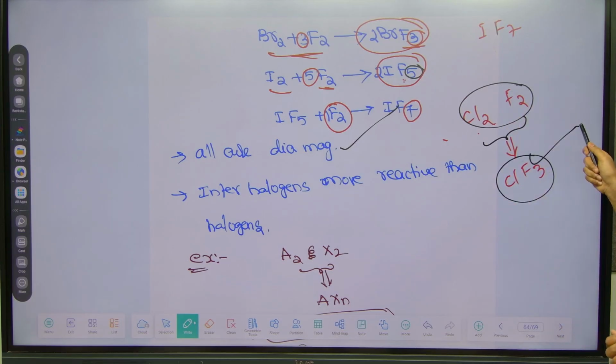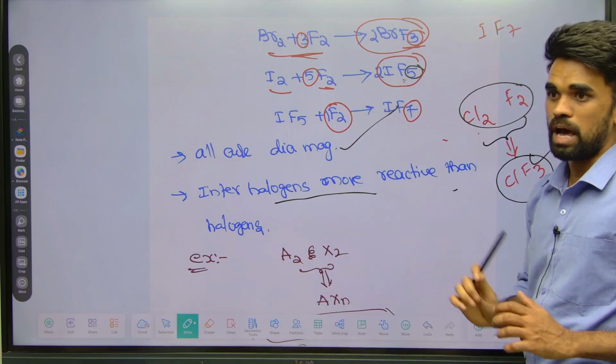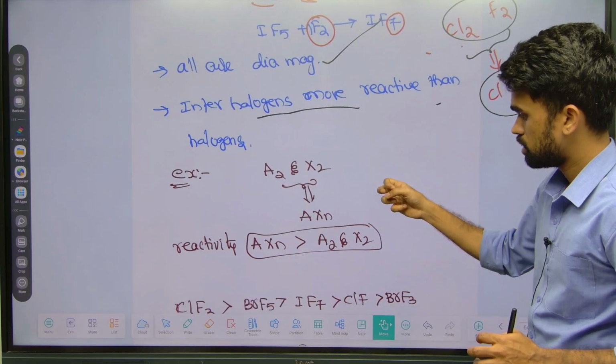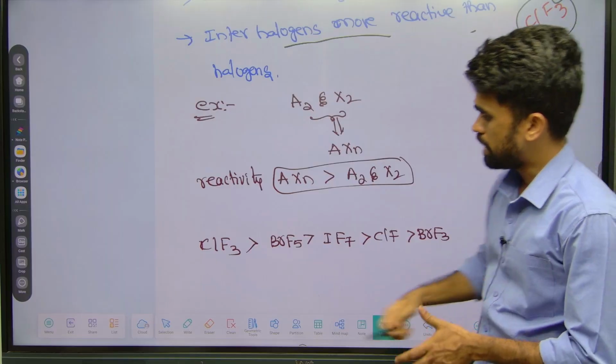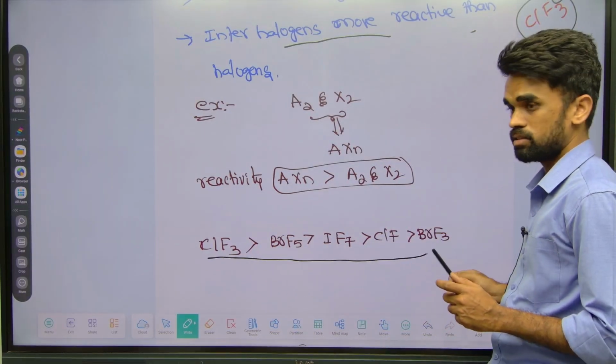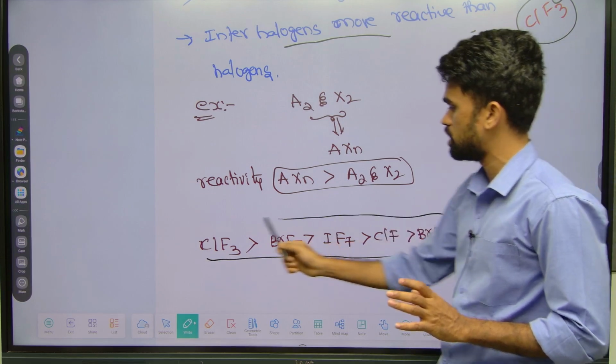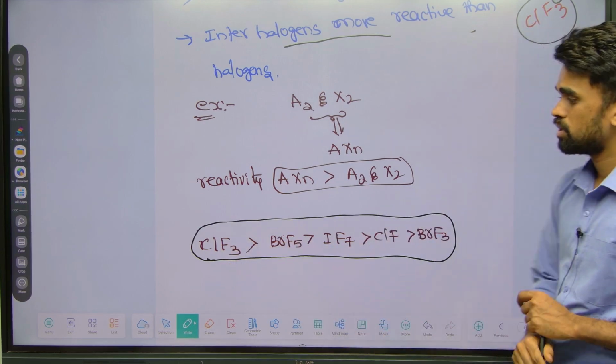This compound is more reactive. Interhalogen compounds are more reactive than halogens. Okay, that's it. Now, this will be the reactivity order for the interhalogen compounds. Some compounds only I have mentioned, just take the list of this.